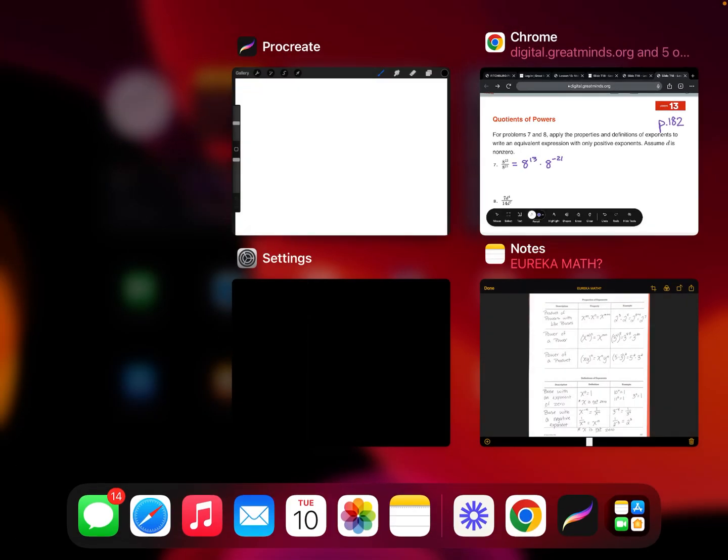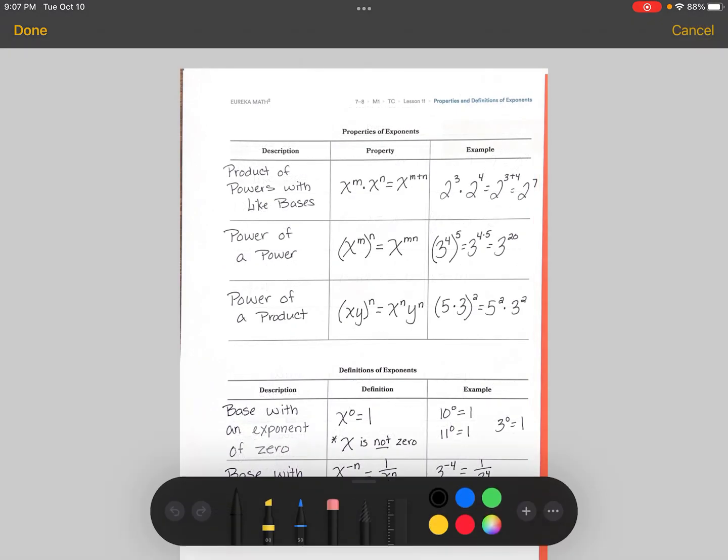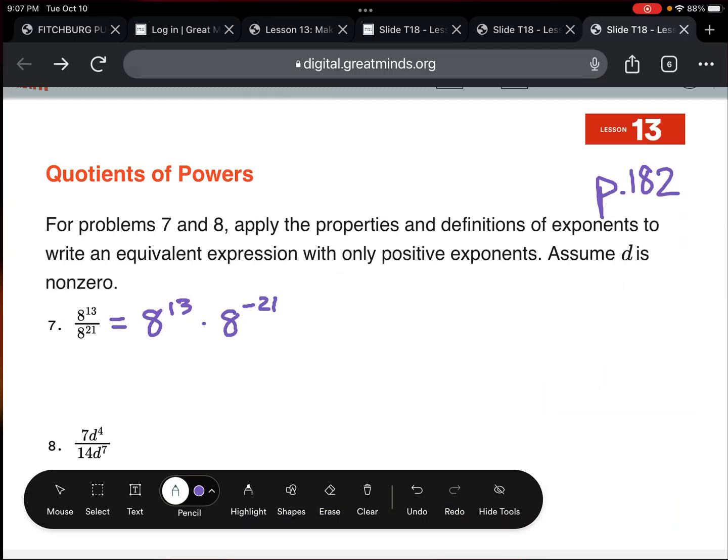Because you know this property for the product of powers with like bases, remember, it's that very first description up at the top. When you have the same base, you can actually add the exponents. So that's the property that we will be applying here.